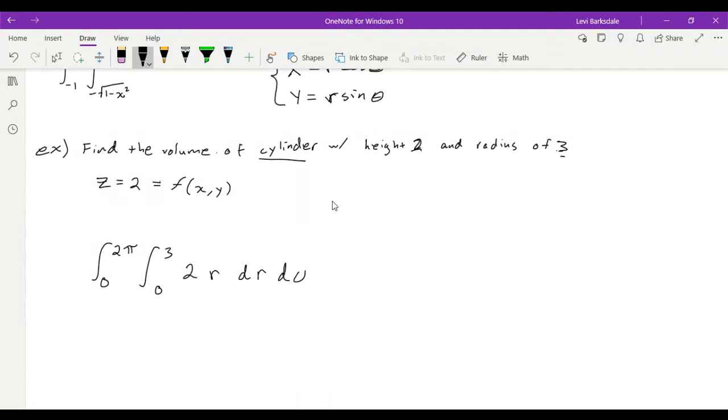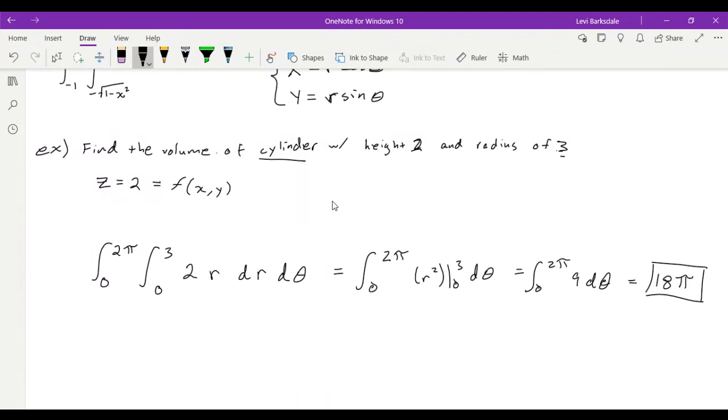Now we have dr d theta. And now we can simply integrate normally, 2 pi. Then we have r squared from 0 to 3 d theta, which gives us the integral from 0 to 2 pi of 9 d theta, which comes out to be 18 pi.